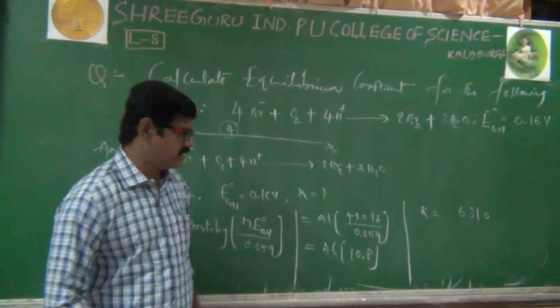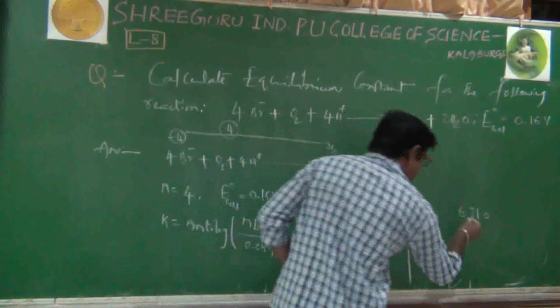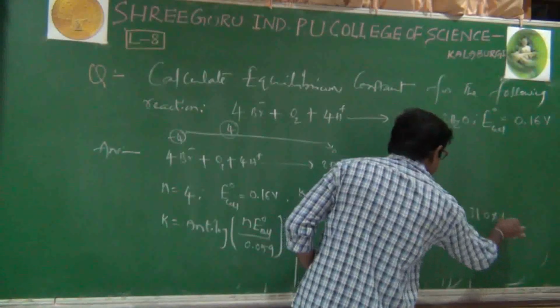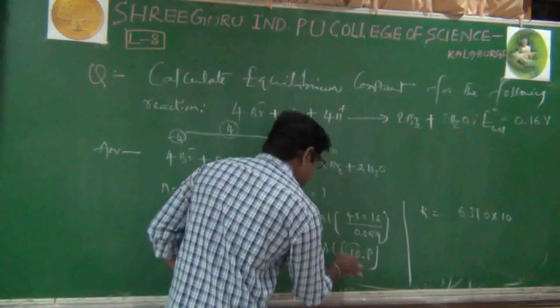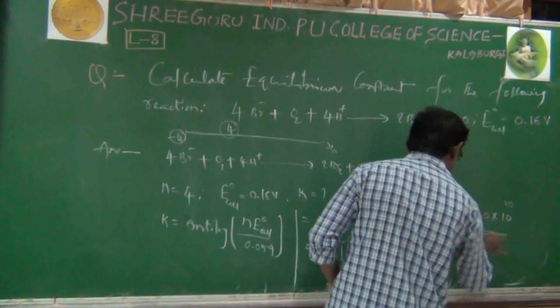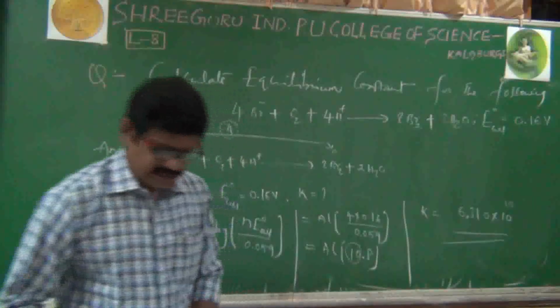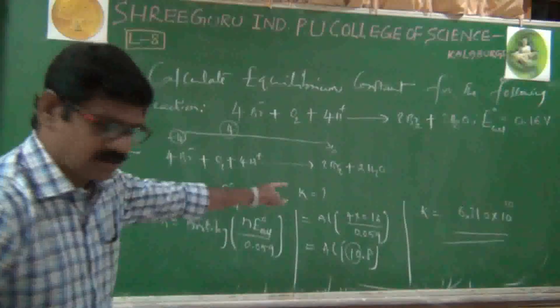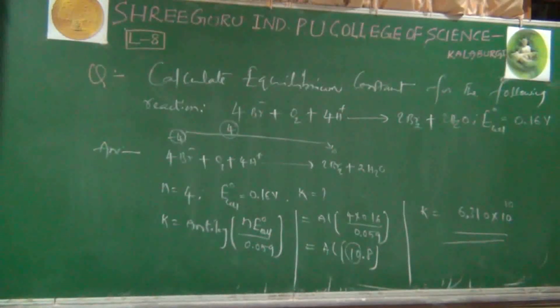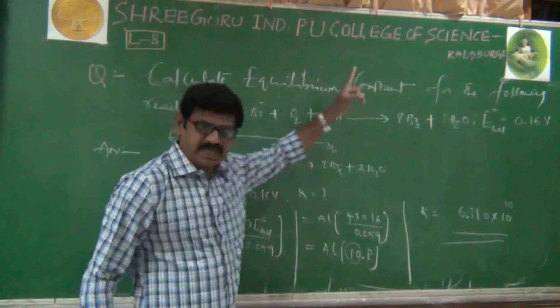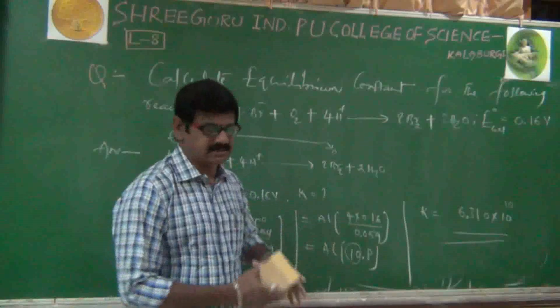Again, same method: from left hand side to right hand side, after one digit we'll keep a point, into 10 to the power of, before the point, whatever the value is there, we'll just copy here as it is. That's it. Therefore, 6.3 something into 10 to the power of 10 is its answer. Right. These are the problems related to equilibrium constant.